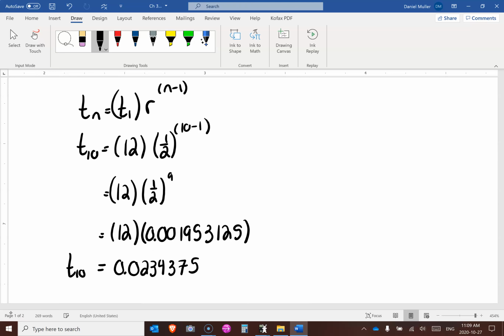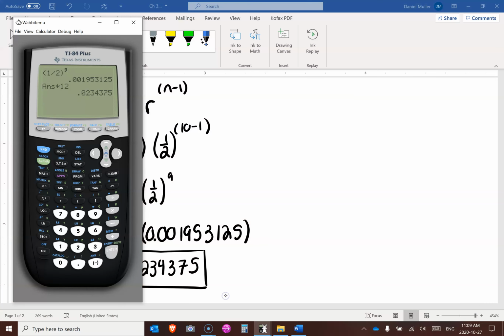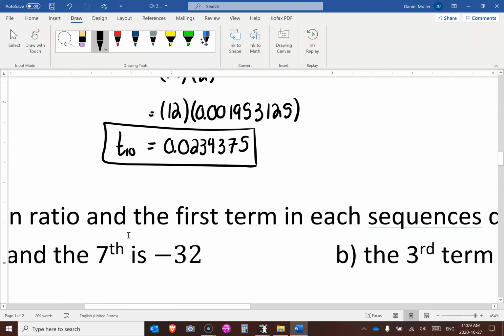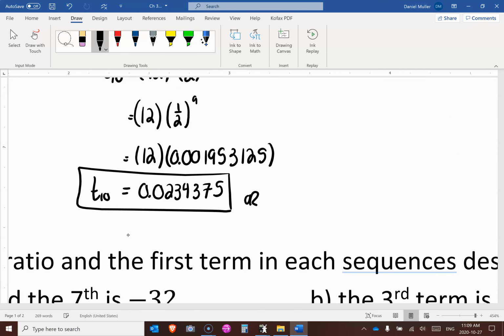Sometimes if you have a scientific calculator, it can put that into a fraction for you, and here it's 3 over 128. So we can write that here, and then put a box around it.